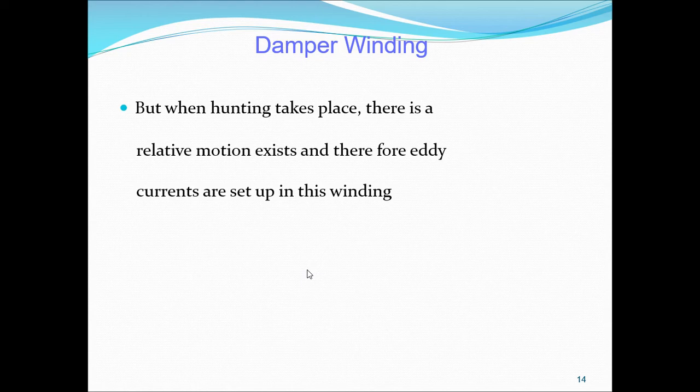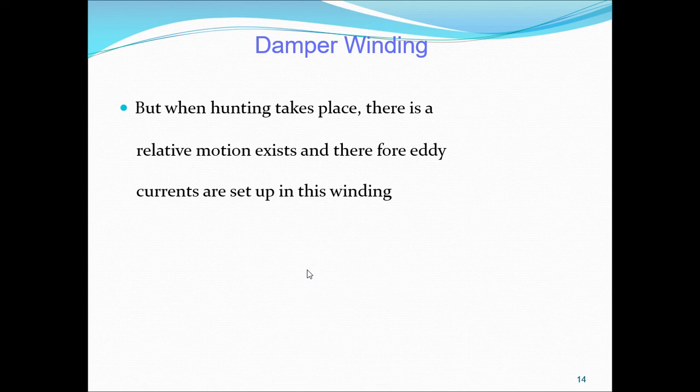Just now we explained. When hunting occurs, the load is changing. The load suddenly increases or decreases. Then the alpha value also increases or decreases. Then the rotor is pulled in or falls back in phase. So the rotor oscillates. So that is called hunting.